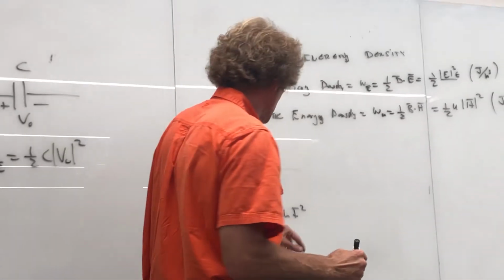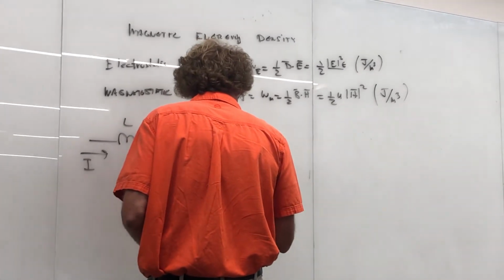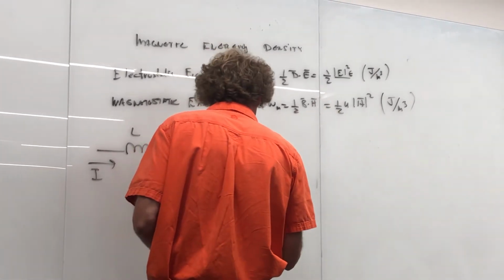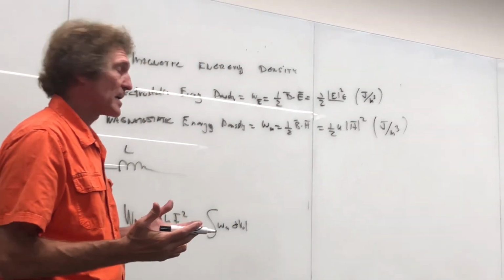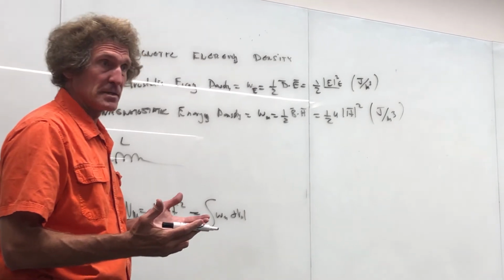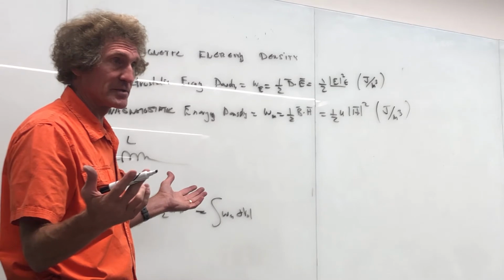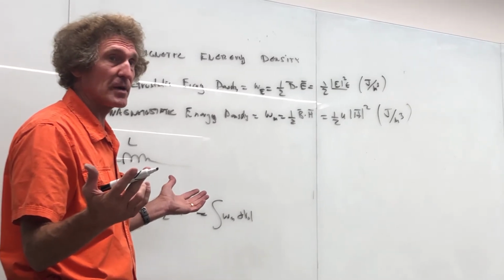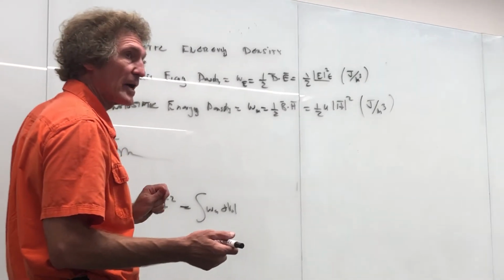Well, this magnetic energy right here is also equal to the integral of the magnetic energy density that I just gave you over the volume of space where the magnetic field exists. Do you follow me? Think about that, right? If there is no magnetic field, you don't have to integrate the energy density over there because 0 times anything is still 0. Agreed?